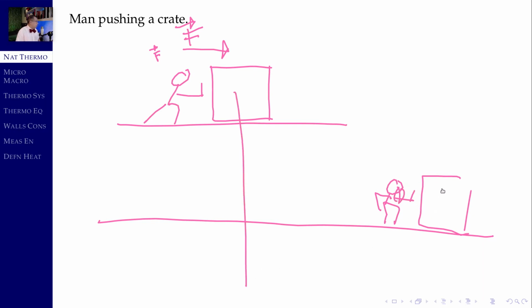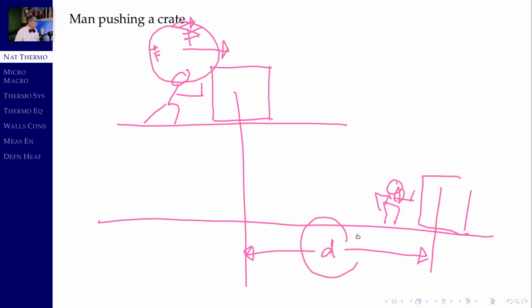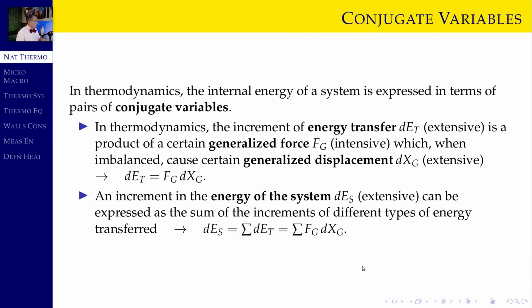Now, we can ask the question, how much energy did the man exert in order to push the crate a certain distance? The first thing that we had was an intensive property, force. And the second variable here is an extensive property, distance. In thermodynamics, the internal energy of a system is expressed in terms of pairs of conjugates.